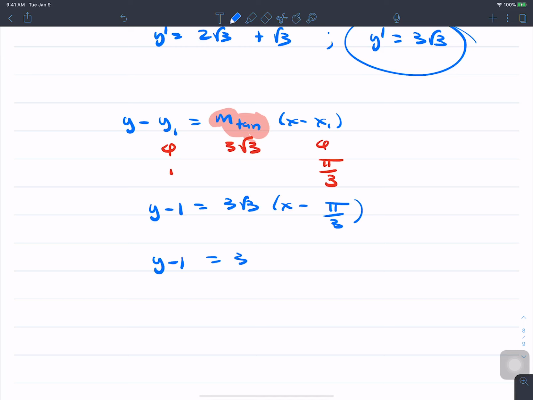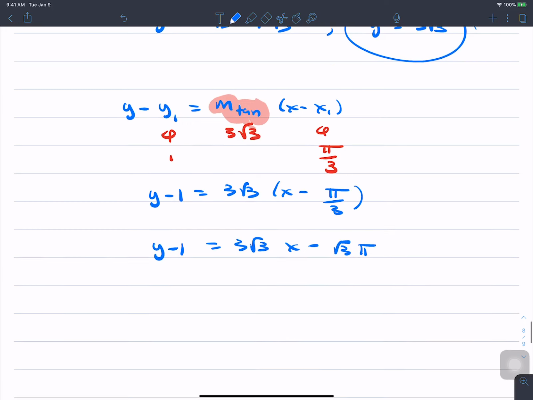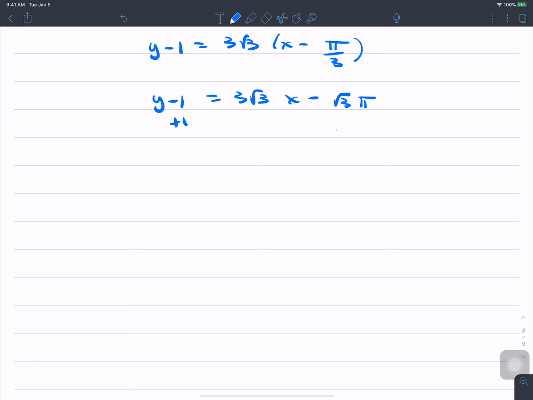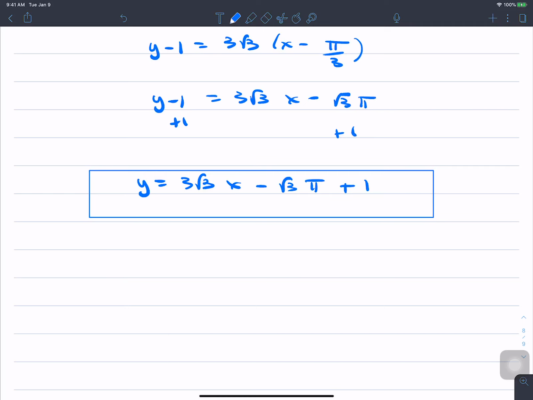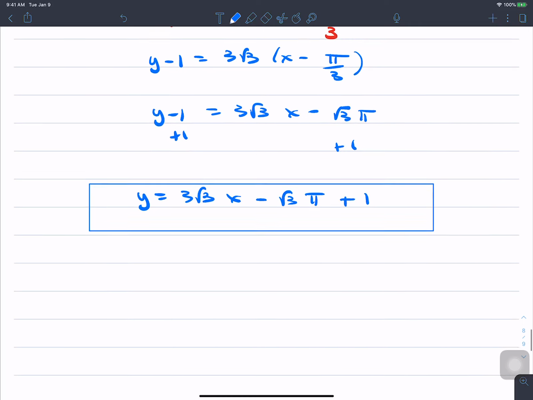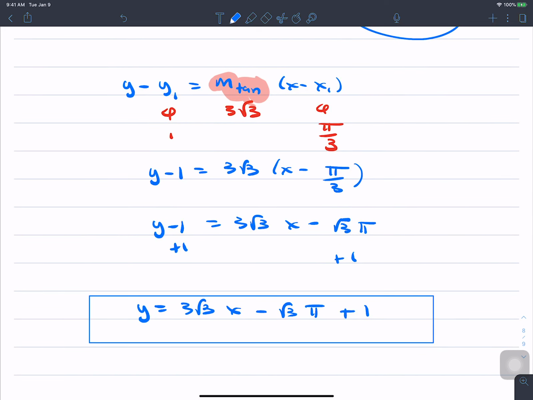So distribute: 3 square root of 3 x minus, it looks like the square root of 3 pi only if I distribute, because the 3's cancel. So add your 1 to both sides, and ladies and gentlemen, that equation is y equals 3 square root of 3 x minus square root of 3 pi plus 1. And there you go. It's a pretty nice question here, ladies and gentlemen. So that's the same nature of question.